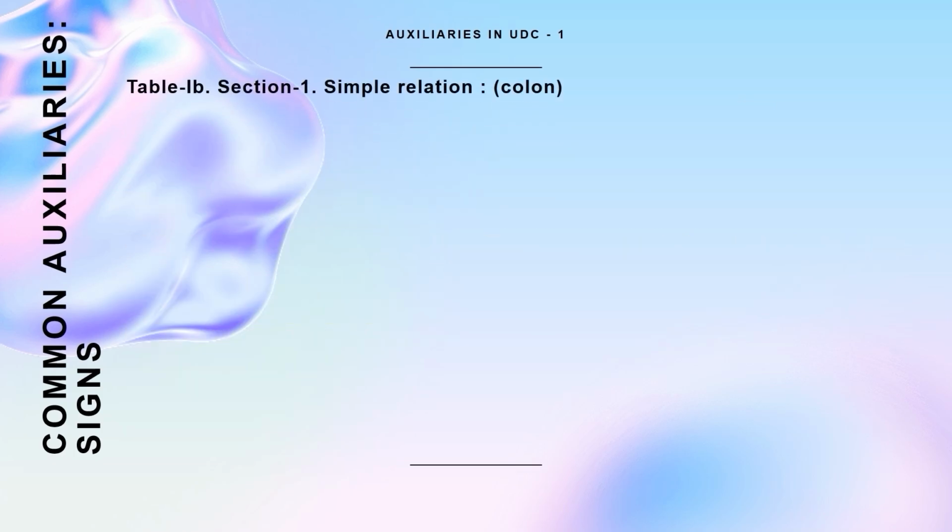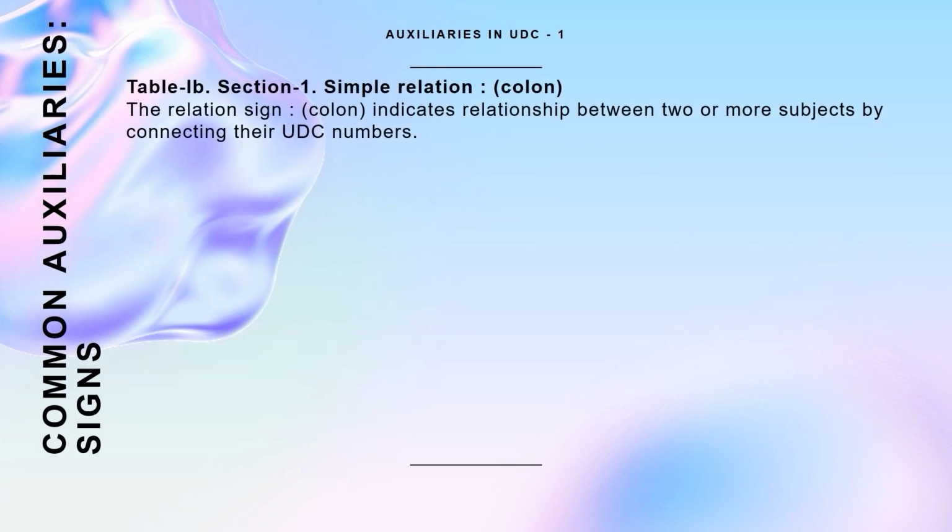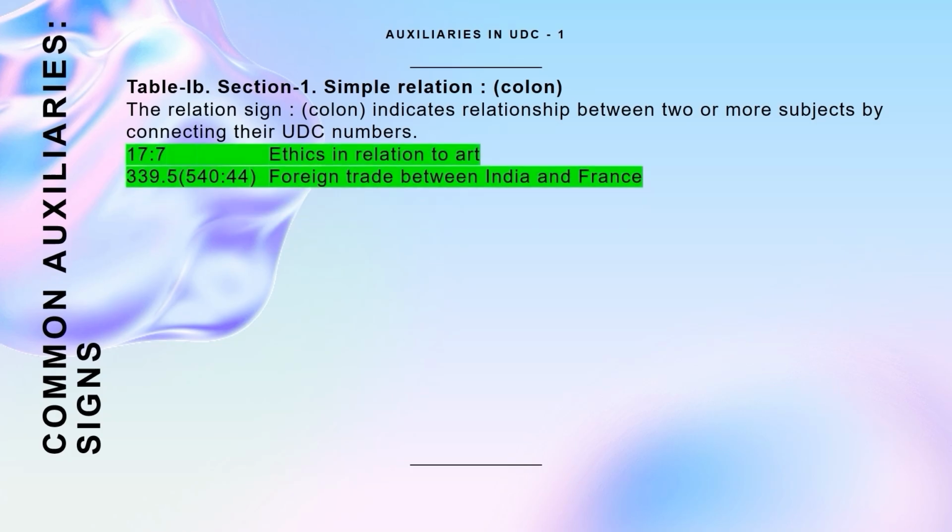And 1B section 1, simple relation, that is colon. The relation sign colon indicates somehow the relationship between two or more subjects by connecting their UDC numbers. Suppose ethics 17 is for ethics, 7 is for art.